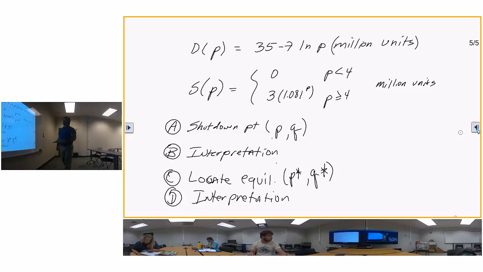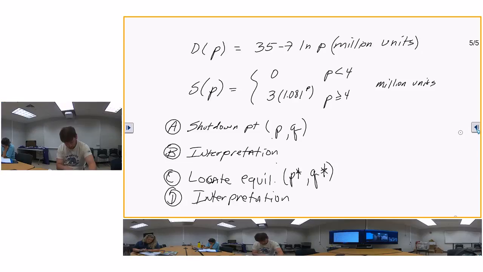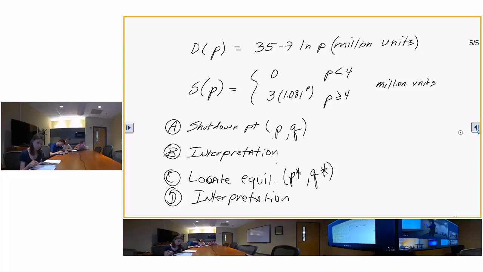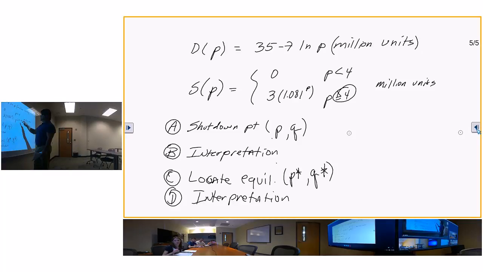Should be 0, but they got 4.097. Did y'all get 4.097 when you plugged in 4, because this is where you actually start.